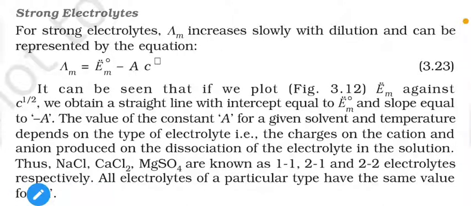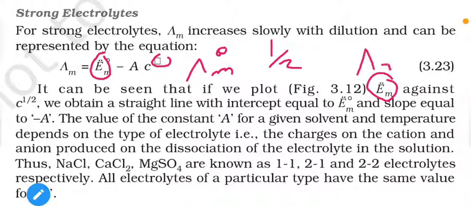Because of a print mistake, consider this value as lambda m naught, and this box actually represents C raised to 1 by 2, and this symbol is also lambda m. When we plot this graph, you will get a straight line, the intercept is equal to lambda m naught and the slope is equal to minus A.